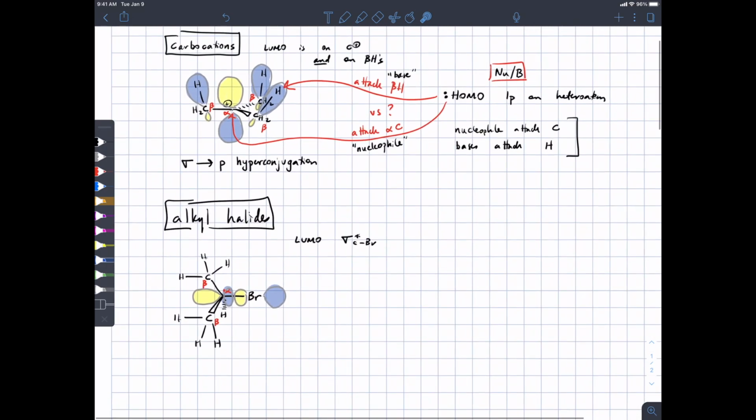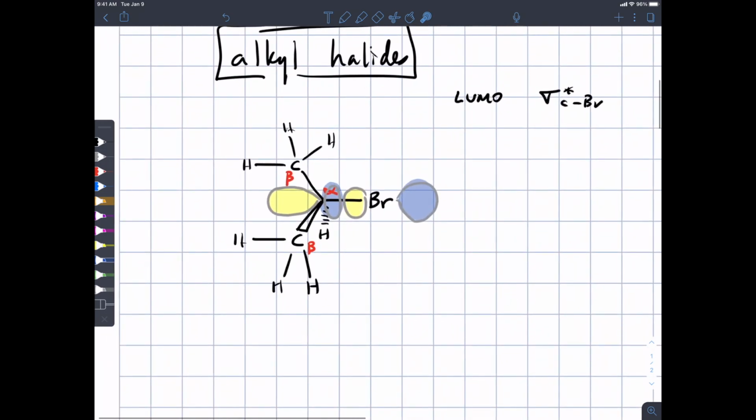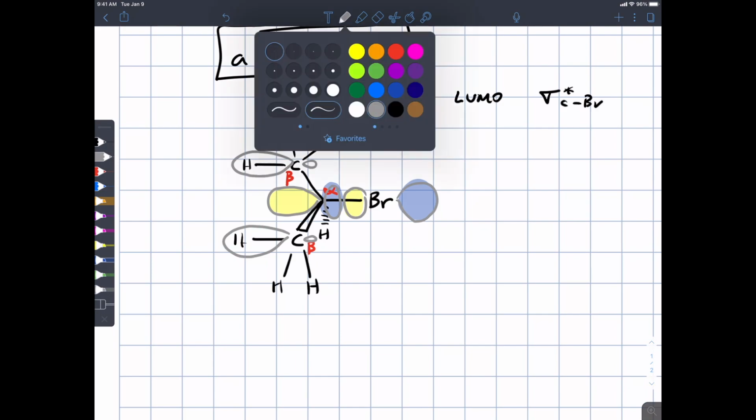But the situation for alkyl halides is a lot similar to the situation for carbocations. That is, you've got adjacent filled orbitals that can line up with the empty sigma star. So I'm going to draw how that could be. Here is one of those adjacent sigma bonds. Here is another one of those adjacent sigma bonds. And hyperconjugation happens here.